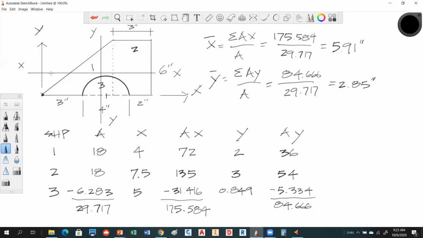Well, actually, I drew that wrong, didn't I? This should actually be down here in the void. So what's happening is, that's kind of weird. The balance point is actually, let me undo that a little bit, the balance point is actually down here a little bit. So notice right there is where your actual balance is. So it's not even on the part, it's on the void, which can definitely happen.